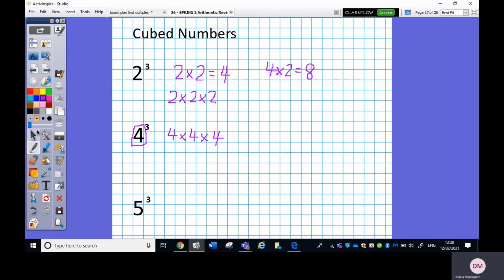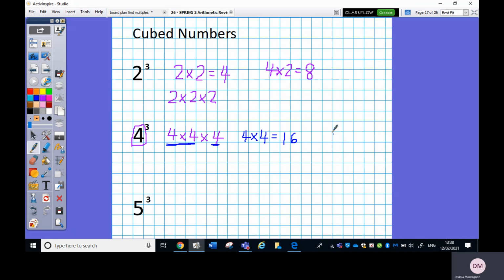Okay, so the first thing that we're going to do is multiply the first 2 numbers. 4 times 4 equals 16. And now, using the same answer, we're going to multiply it again by 4.